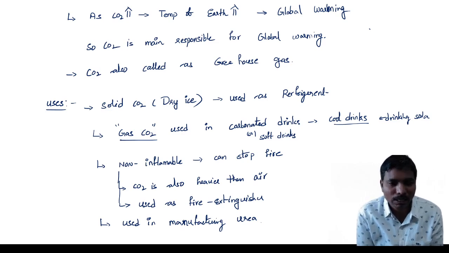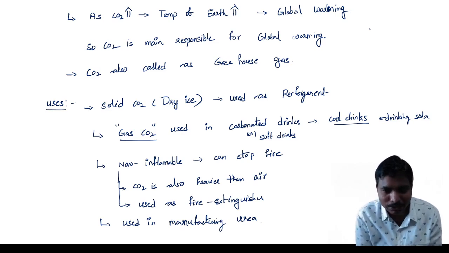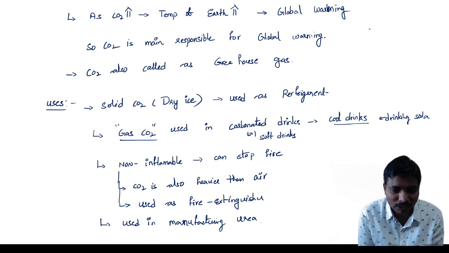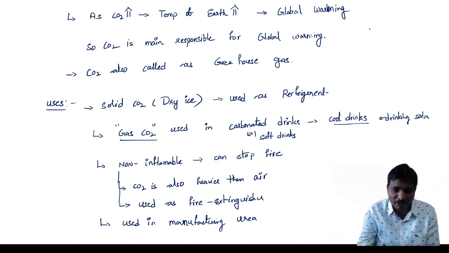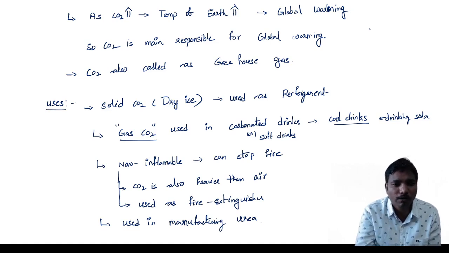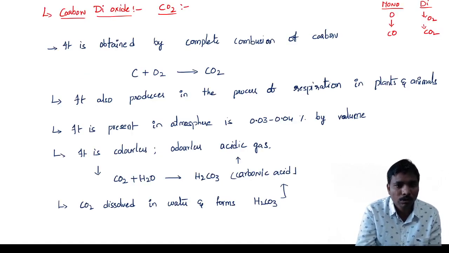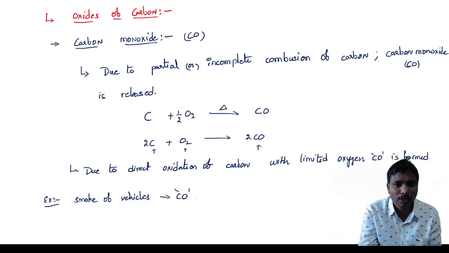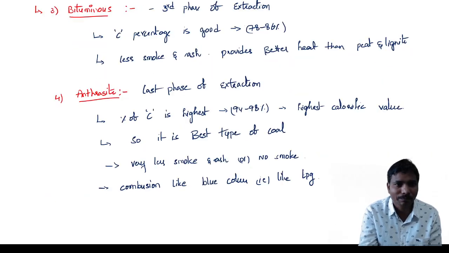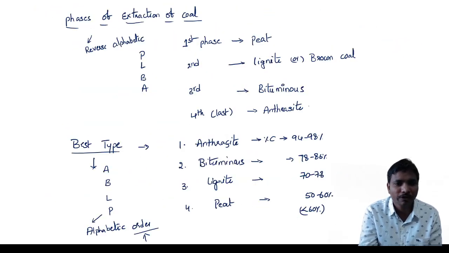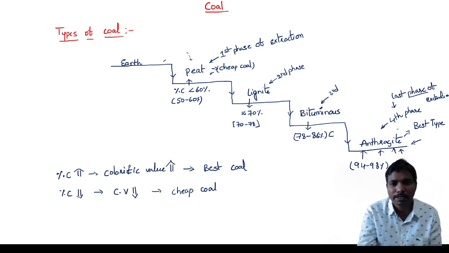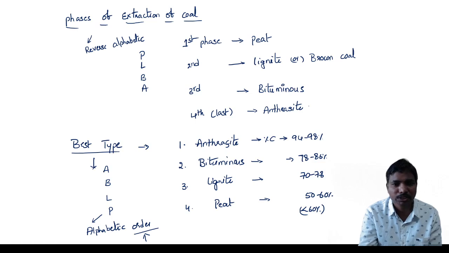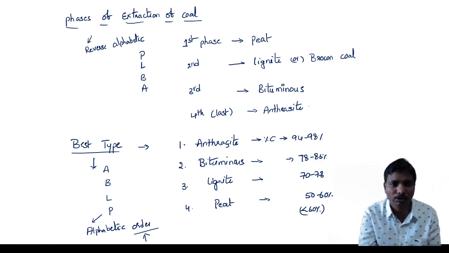Dry ice, solid CO2, is used in soft drinks, also in fire extinguishers, and in manufacturing of urea. So here the oxides of carbon are carbon monoxide and carbon dioxide. And for coal, the different types are peat, lignite, bituminous, anthracite. Best is anthracite, because of high carbon percentage and high calorific value.